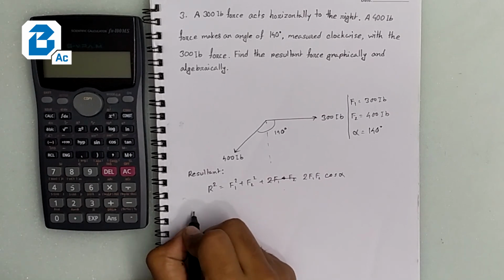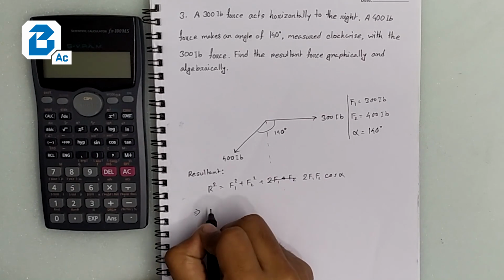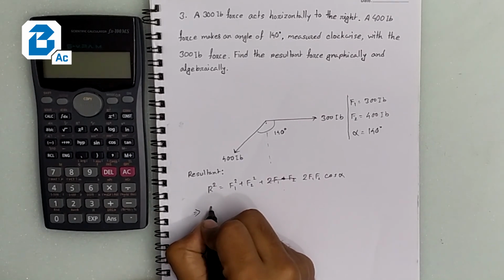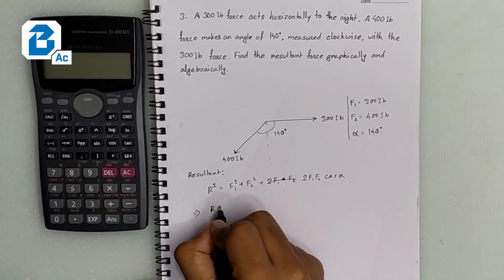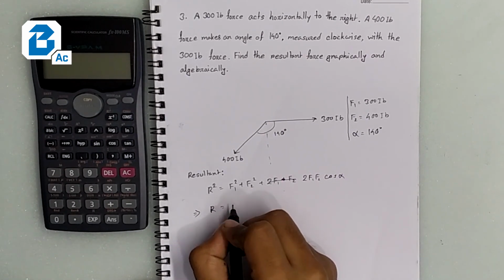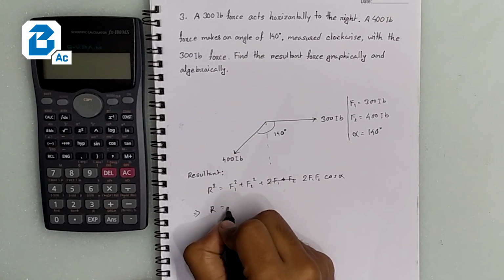So if we do it one more time and remove the square from the R, which is our magnitude of the resultant, we will have to take the root at both sides.